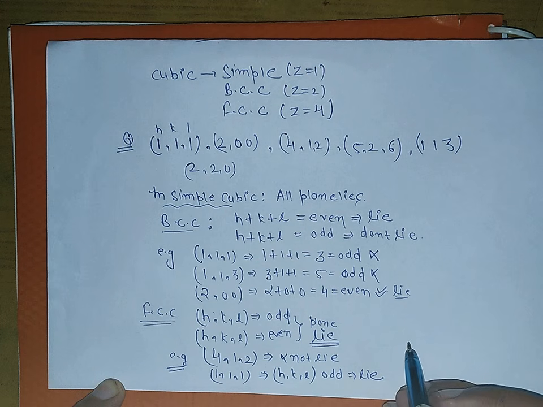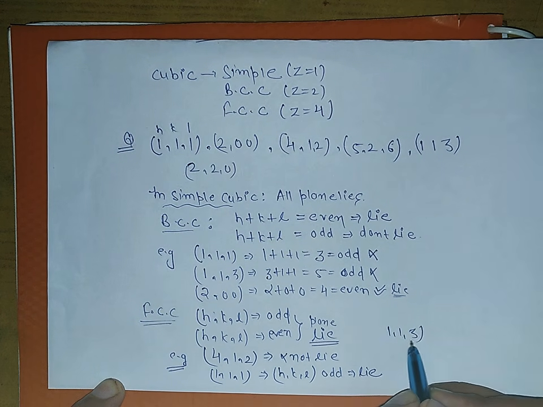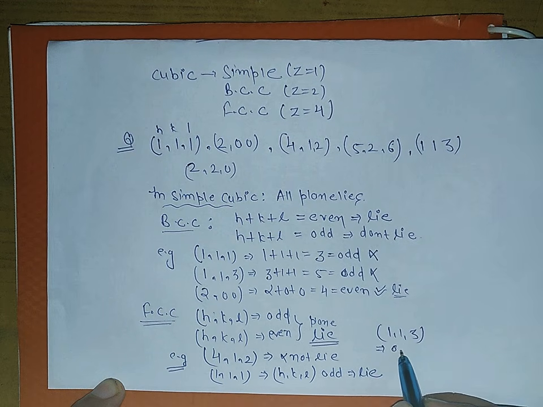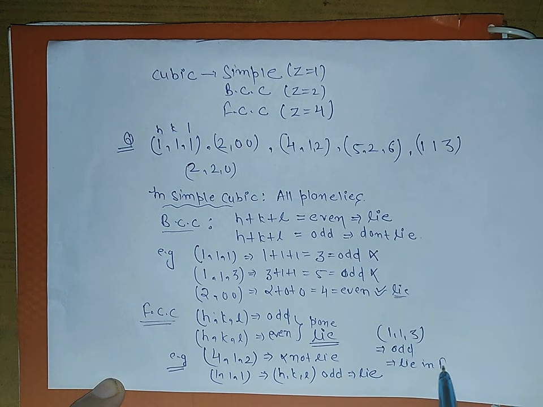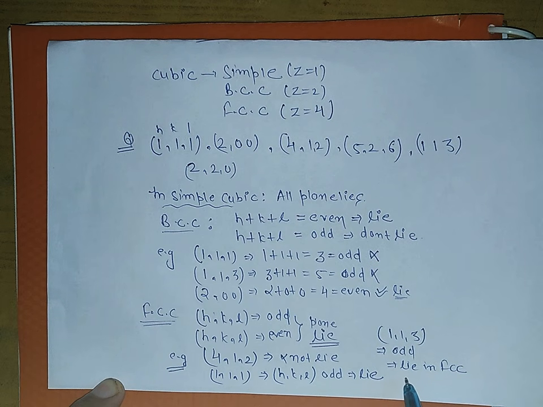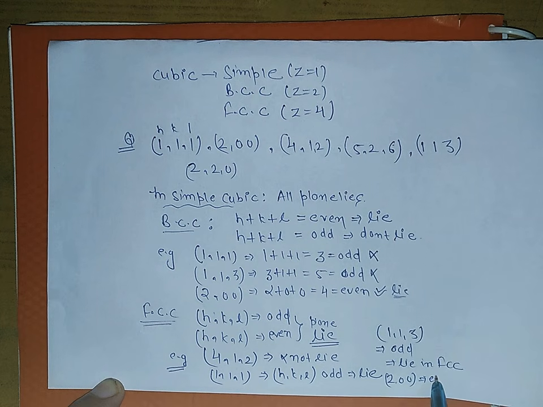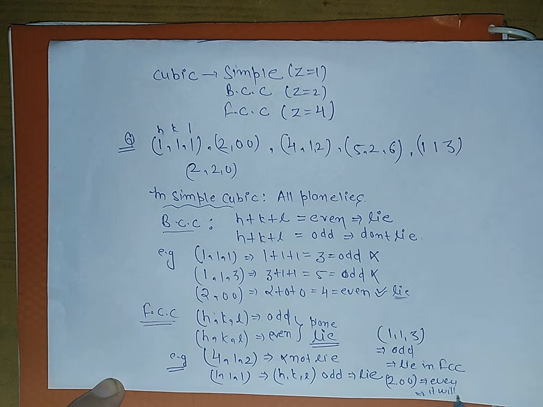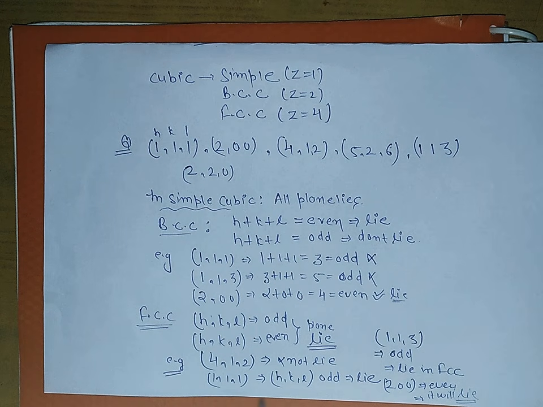Let's say 1 1 3, all are odd, that means it will lie in FCC. Let's say I have this 200, all are even, that means it will lie.